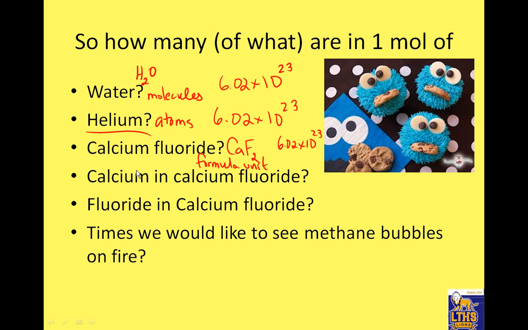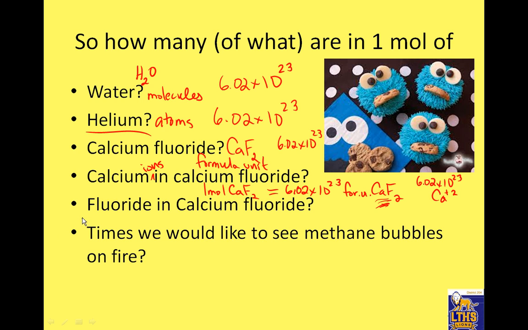Now, how many calcium ions are in a mole of calcium fluoride? Well, there's 6.02 times 10 to the 23rd formula units of calcium fluoride in 1 mole. But just like people have 2 legs per person, there's 1 calcium ion for every formula unit. So there would also be 6.02 times 10 to the 23rd calcium ions.